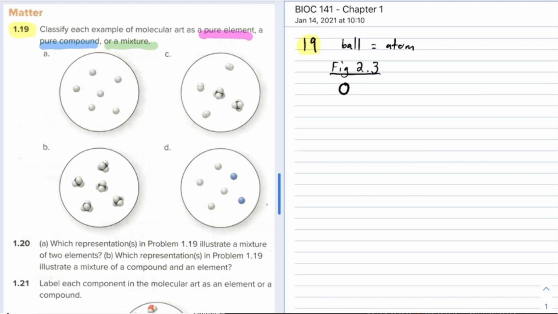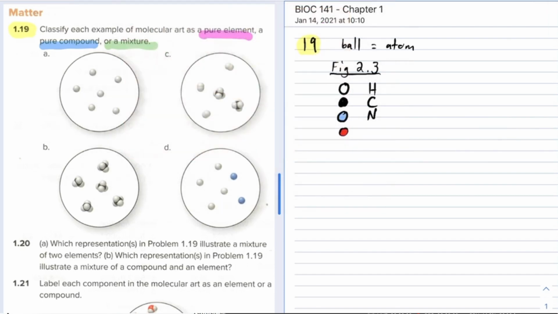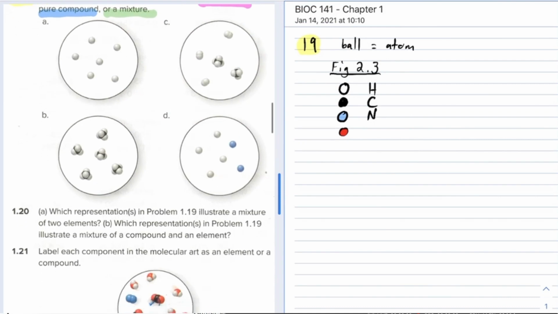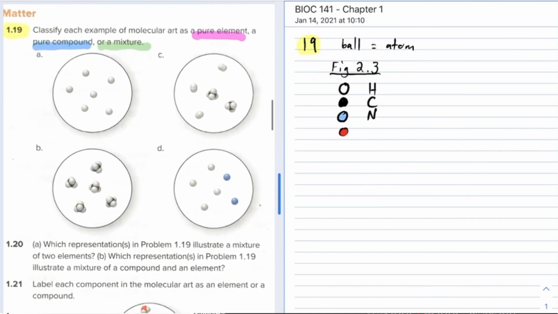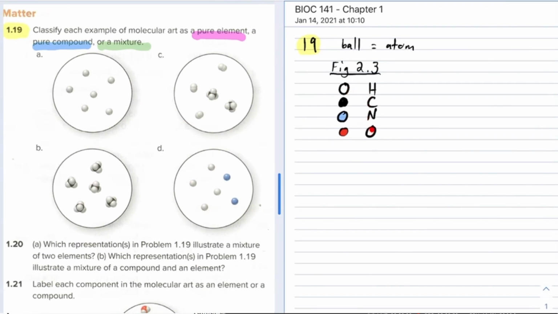The white ones are hydrogen atoms, the black ones are carbon atoms, the blue ones are nitrogen atoms, and the red ones are, let me find red here. There we go, there's red. You'll see red ones quite a bit, not in number 19, but you see it there in number 21. The red ones are oxygen atoms. I point all these out because you're going to see these over and over again throughout this semester. So all of the balls are atoms, and these are the types of atoms they are.